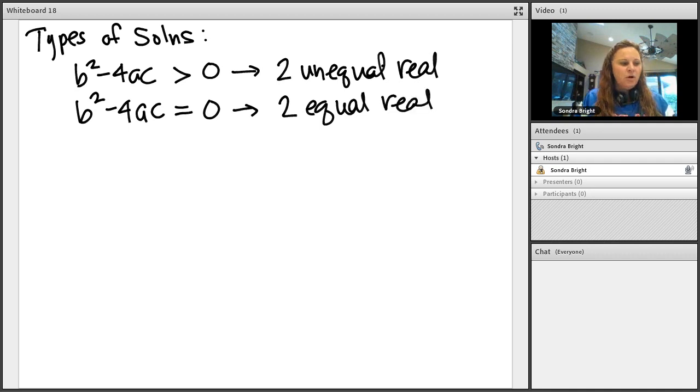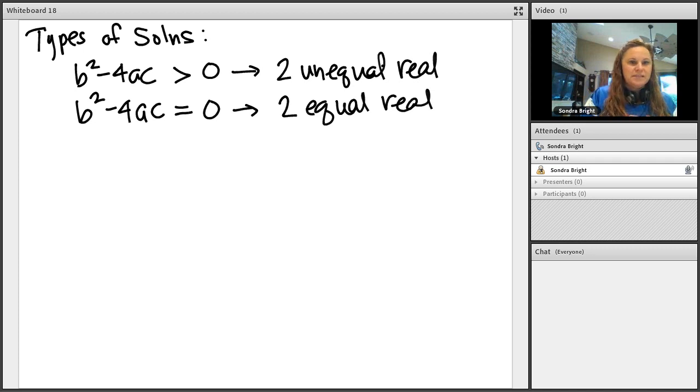You may have heard them called one double root. That's true. I personally prefer that you write two equal roots or two equal real roots, so that it matches up with the fundamental theorem, but it's a double root, or you know now, multiplicity of 2.